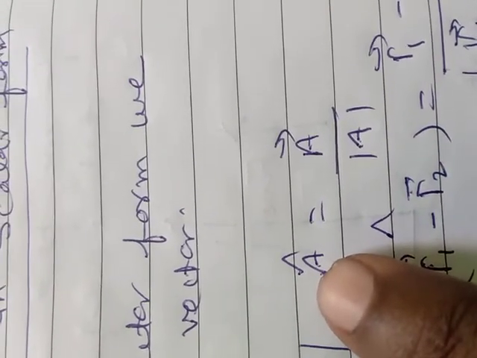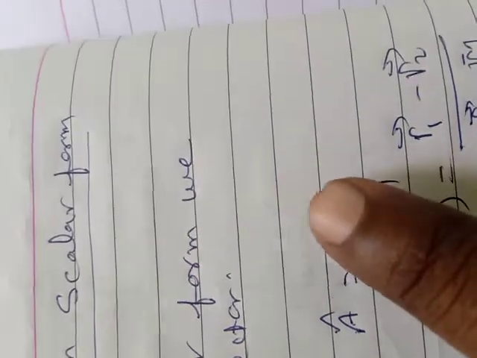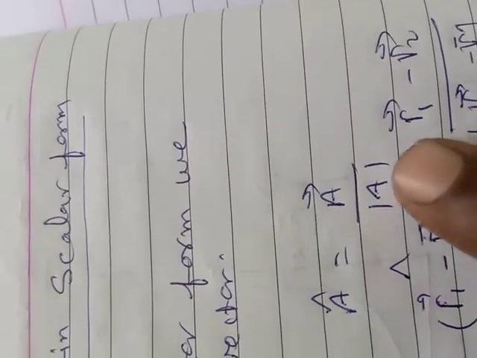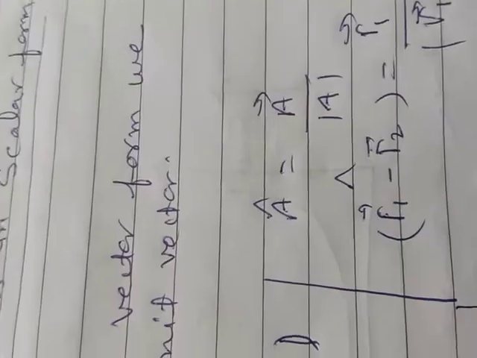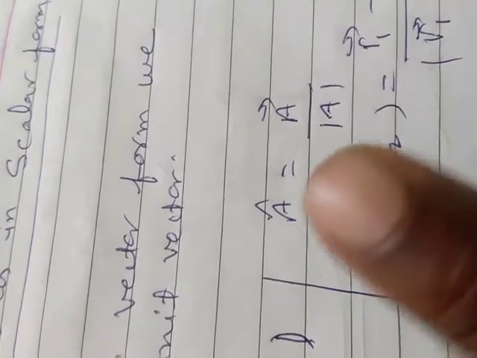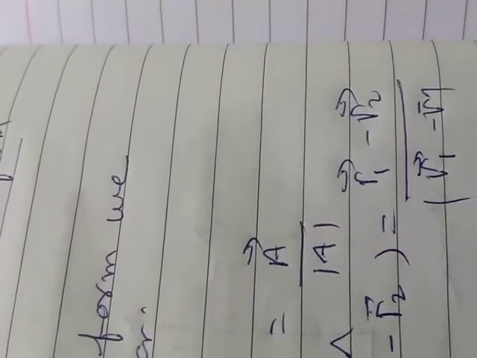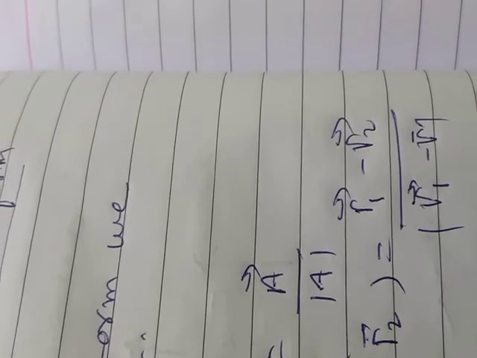We know that A cap, the unit vector of A, is equal to vector A by modulus A. Similarly, r1 r2 cap is equal to r1 minus r2 by modulus r1 minus r2.